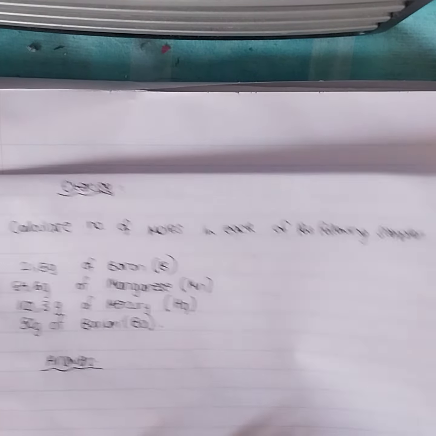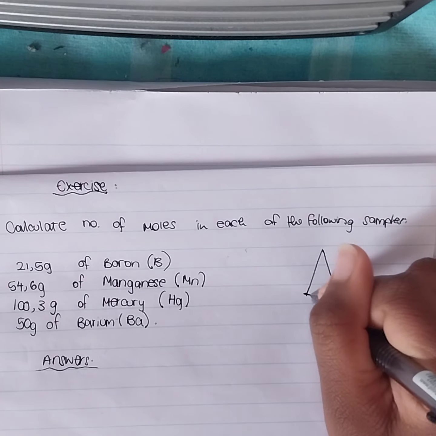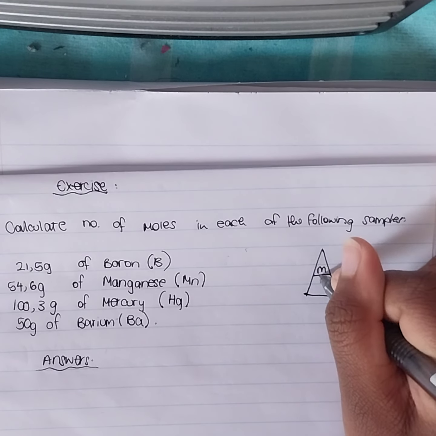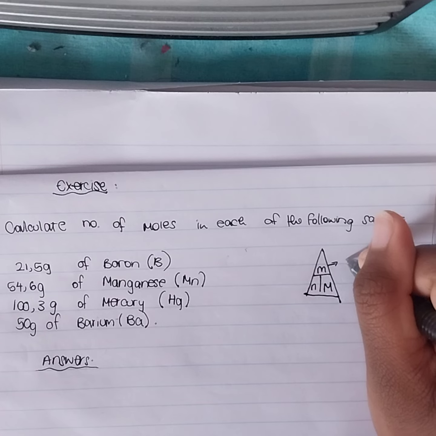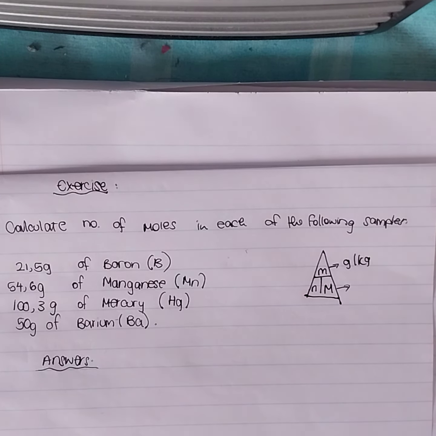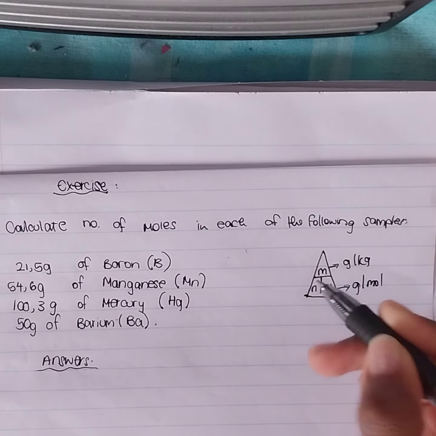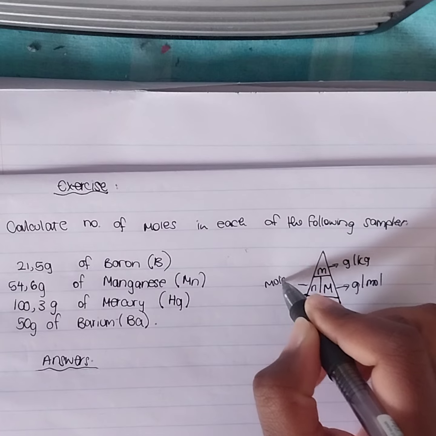Okay, let me just draw this triangle over here so that we're okay. This is your mass, this is your molar mass, and this is your number of moles. Remember, this is your grams or kilograms, this is your molar mass, which is your grams per mole, all right? And this is your number of moles.